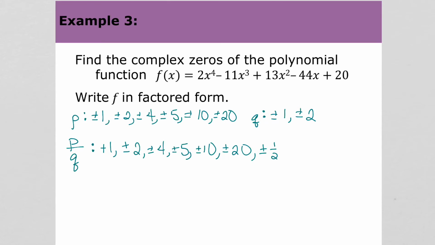Then there's 2 over 2, but that's 1, which we already have. Then there's 4 over 2, but that's 2, which we already had. Then plus or minus 5/2. Then 10 over 2, which is 5, we already had. And 20 over 2, which is 10, which we already had. So here are our potential real zeros.